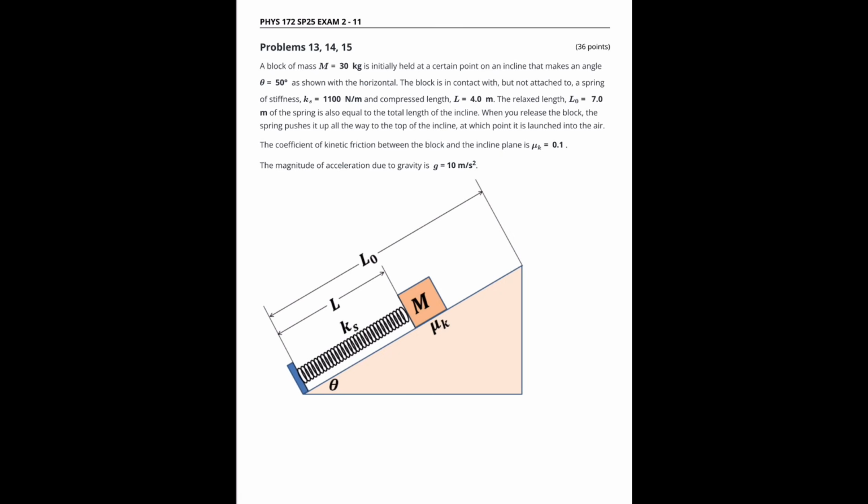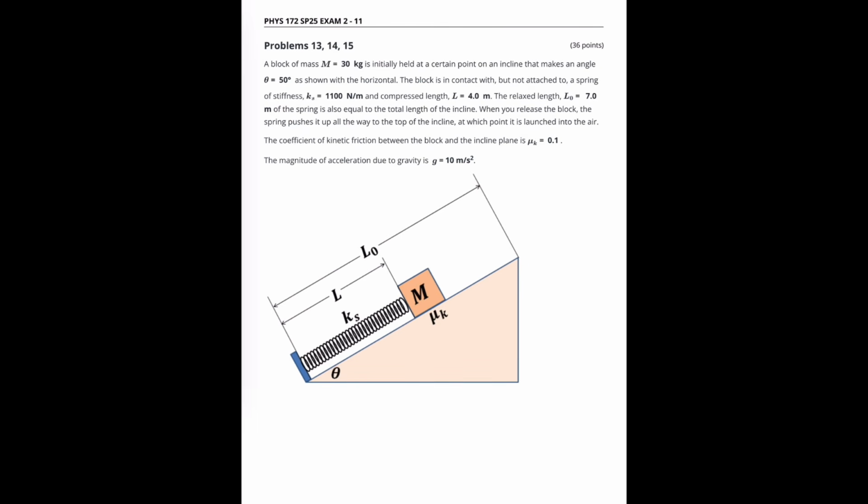So before I solve this problem, I'm going to be solving for our v0 that we will use in the following problems. We will see in problem 13 that our system is our block plus the earth plus the spring.